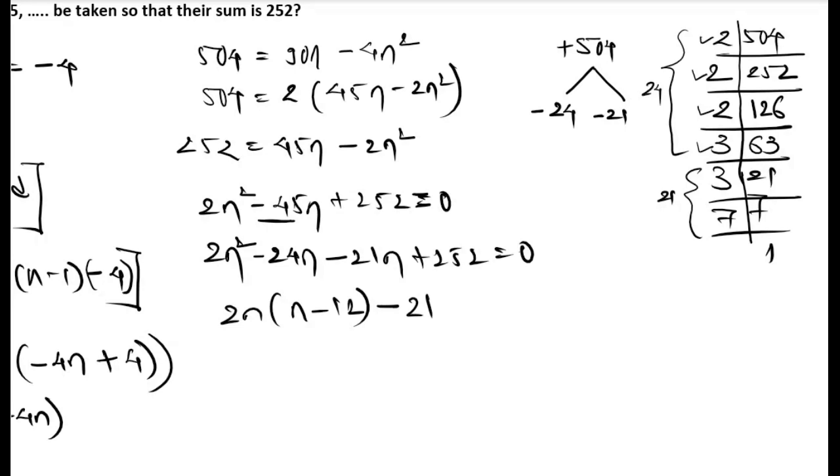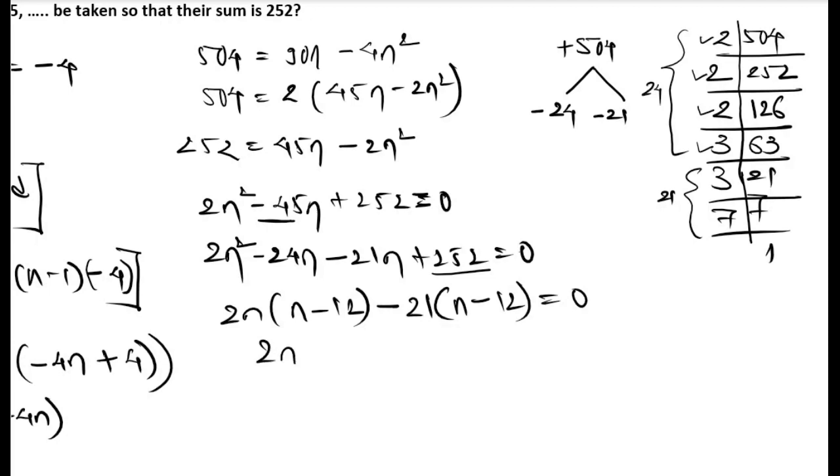So 2n square minus 24n. If 2n, yeah, it's perfect. And 21n, 21 comes out, then how come? What is wrong? Okay, I was just getting confused without any reason. So n minus 12, I thought this is 504. This is 252. So n minus 12 will remain inside, is equal to 0.